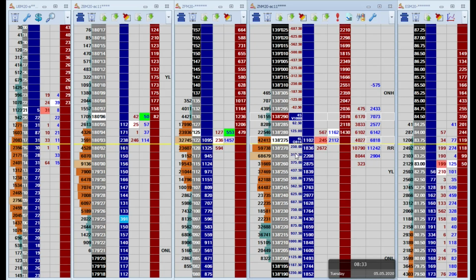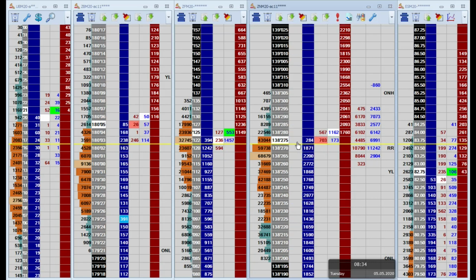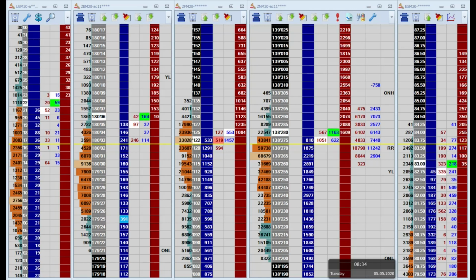And it ends up just sort of trading sideways here for a long time. It actually trades up into me again, comes back down, and eventually we get all the way up into the overnight high, and that turns into the last trade of the day.